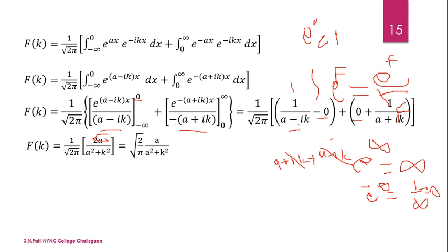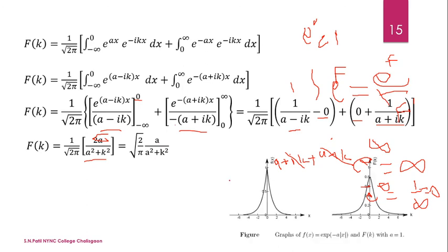Now in the denominator, the multiplication of a complex number and its conjugate is always a real number, that is a minus ik into a plus ik is a squared plus k squared. Then the power of 2 will get cancelled, 2 raised to 1 by 2 means square root of 2 is remaining, divided by square root of pi, so it can be written as under root 2 upon pi, a divided by a squared plus k squared.